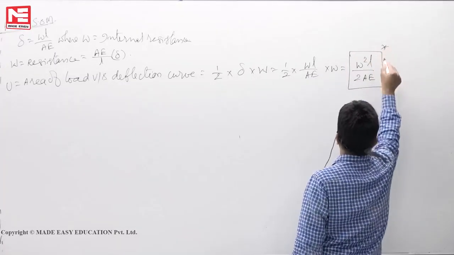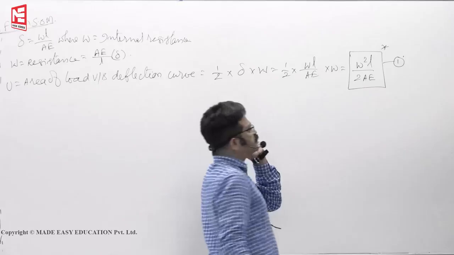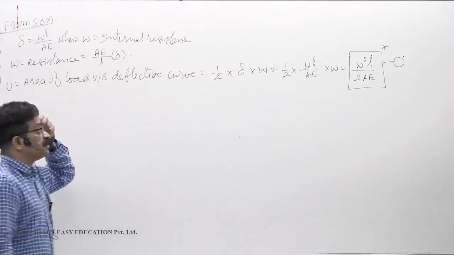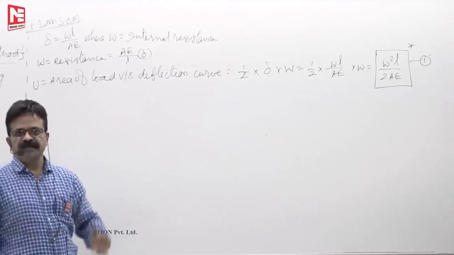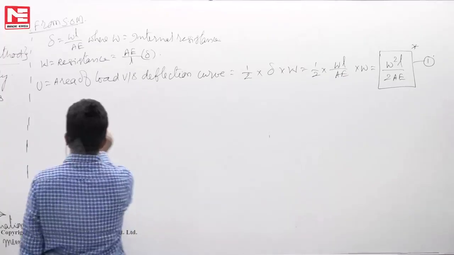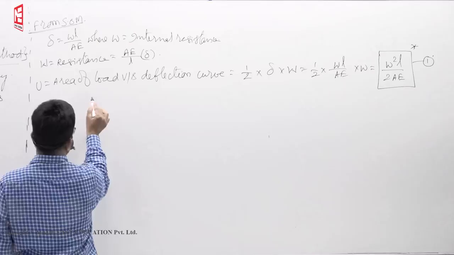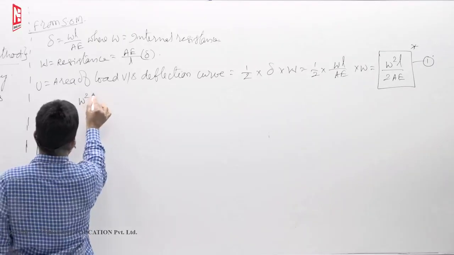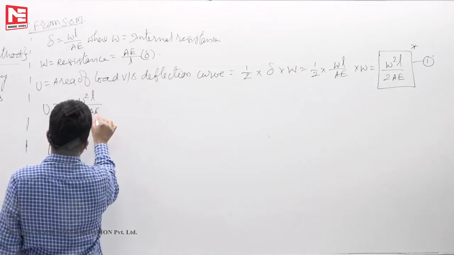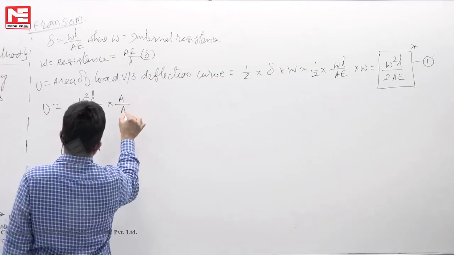This is in terms of external applied load. Now if you want to write in terms of internal stress, I can write it as W square L by 2AE into area divided by area.